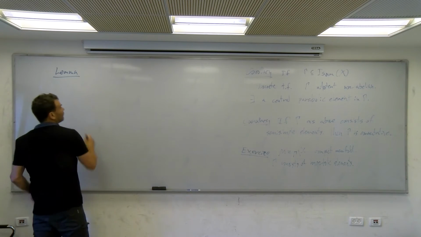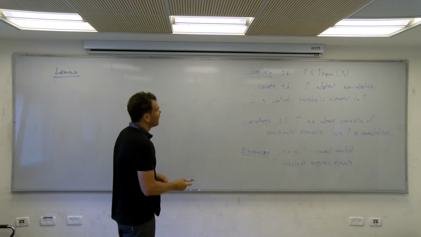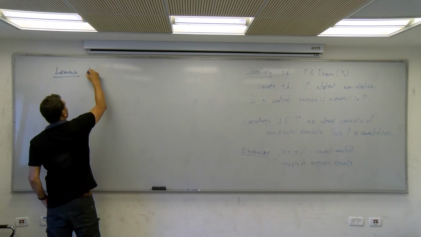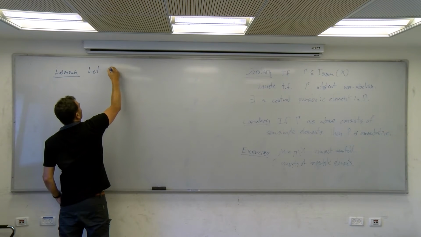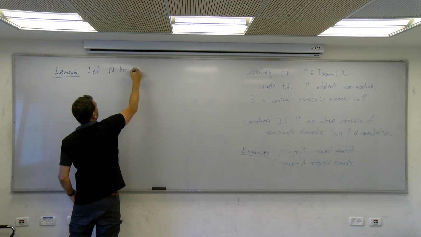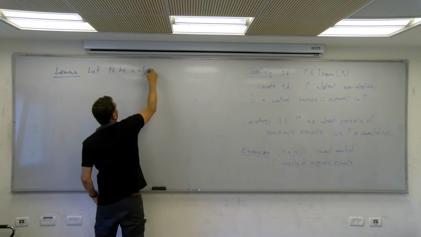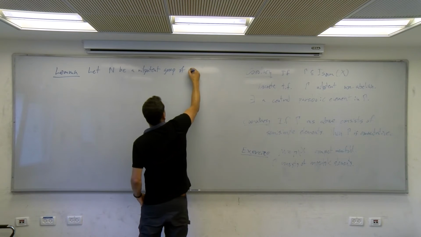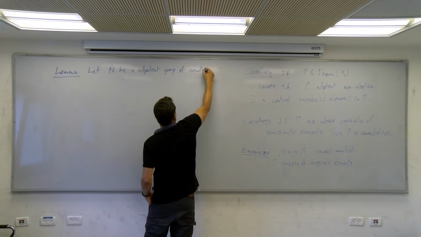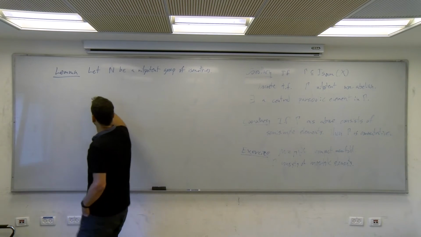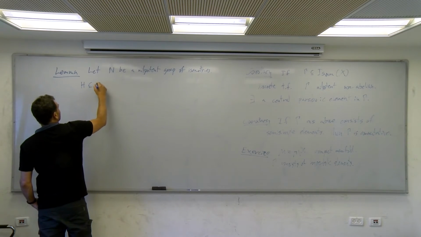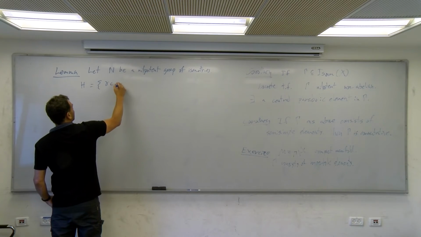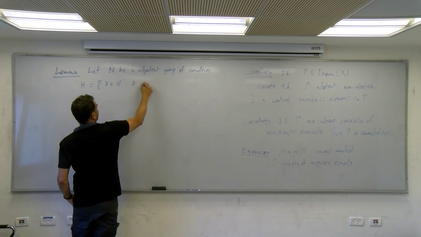We want to understand this group better. So let N be a nilpotent group of isometries of the Minkowski space, and let H inside N be the set of all gamma in N such that gamma is semi-simple.